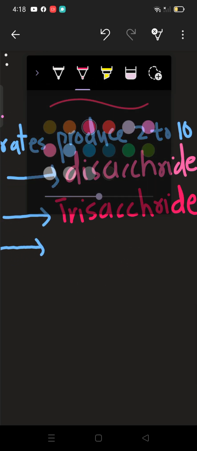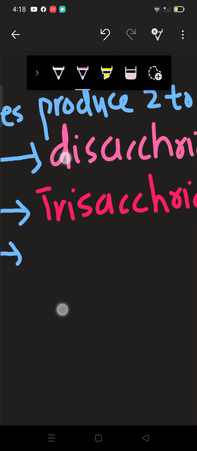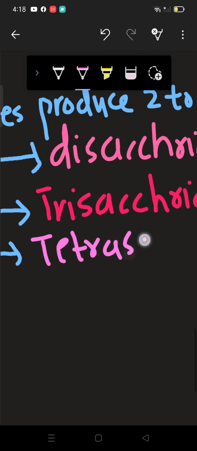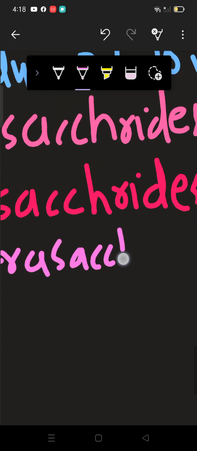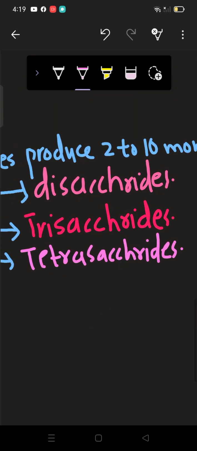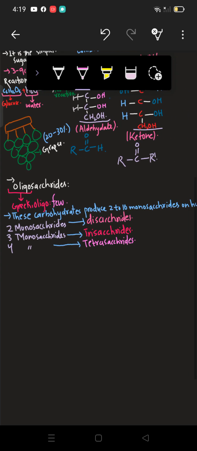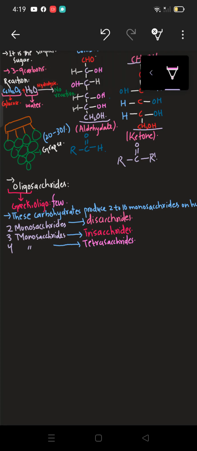Again, if we have 4 monosaccharides in the oligosaccharide, that would be known as tetrasaccharide. And if we have 5, that would be known as pentasaccharide. If we have 6, that would be known as hexa, then heptasaccharides, then octa, nona and deca. So these are the naming.